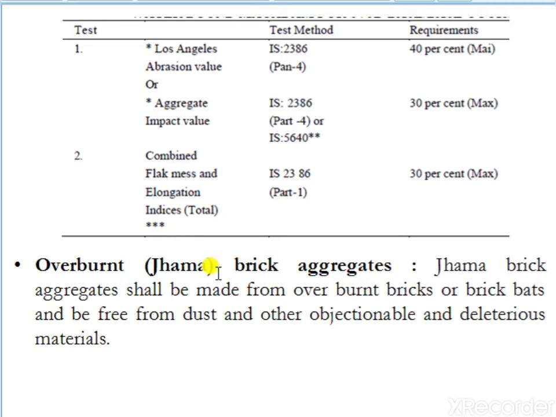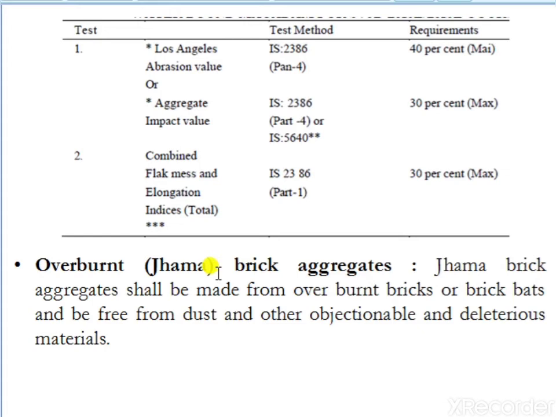Then overburnt brick aggregates. Brick aggregates shall be made from overburnt bricks or brick bats, and be free from dust and other objectionable and deleterious material. So we can also use the overburnt brick as an aggregate in the construction of waterbound macadam pavements. When we use these overburnt brick aggregates in the construction, the bricks should have sufficient strength to take up the vehicular load.